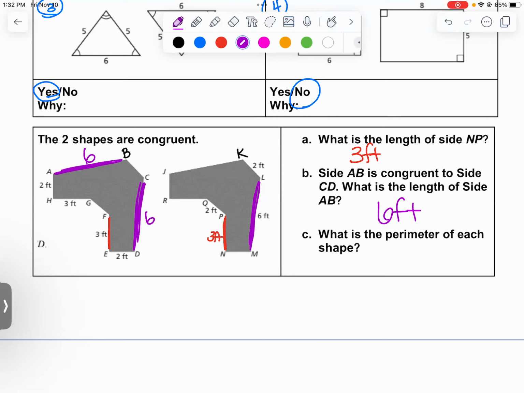Okay. J and R are 2 feet. J and R are what? Is 2 feet. Yeah, that would be. Okay. All right. Now I want to know what the perimeter is of each shape. Remind me again what a perimeter means. Distance around, so we need to add up all the sides. What is this blue length right here? 2 feet.